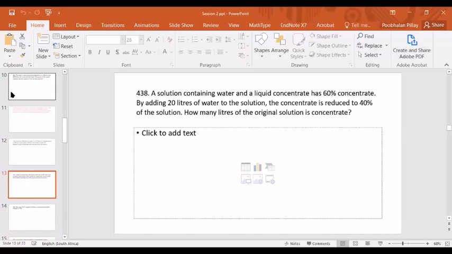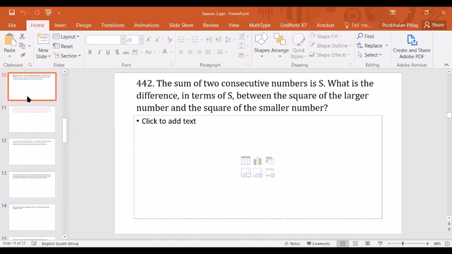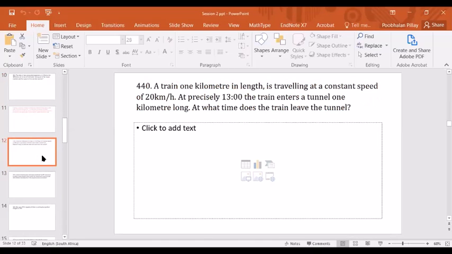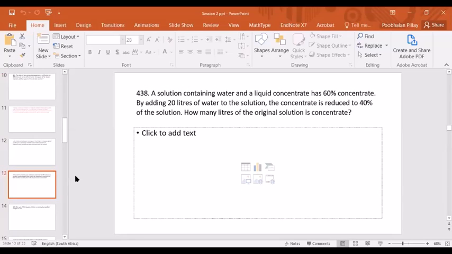Okay, so the next problem is, all right. A solution containing water and a liquid concentrate, a 60% concentrate. Read through this problem, please.